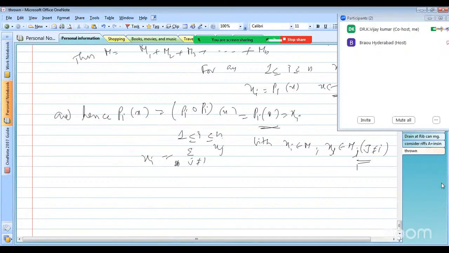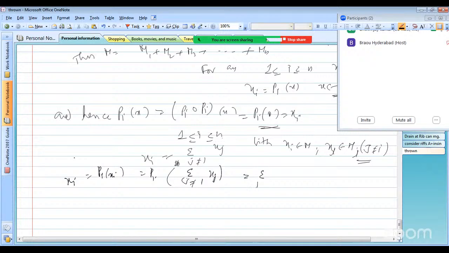So therefore xi, Pi of xi, Pi of the summation over j not equal to i of xj. What is the condition here? Pi circle Pj of xj.